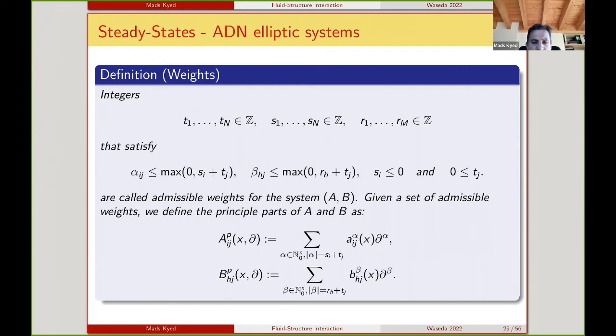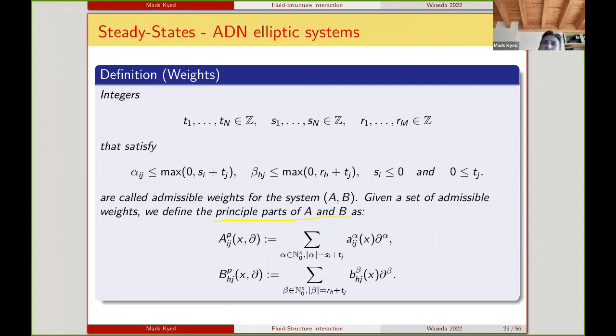By the way, the s weights we choose negative, and the t weights we choose positive. Weights that satisfy the condition are called admissible weights for the system AB. Why do we need the weights? We need the weights in order to define the principal parts of A and B. This is an interesting difference between systems and scalar equations. In systems, it's not clear what the principal part is.